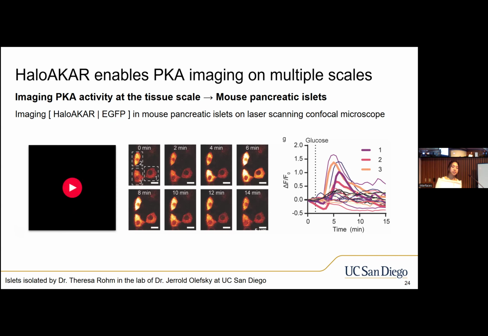And since glucose induces calcium spikes and PKA is involved in an oscillatory circuit with calcium, we're pleased to see that our results corroborated these models and that halo-ACAR could actually give us a way to directly interrogate PKA activity in these living islets.